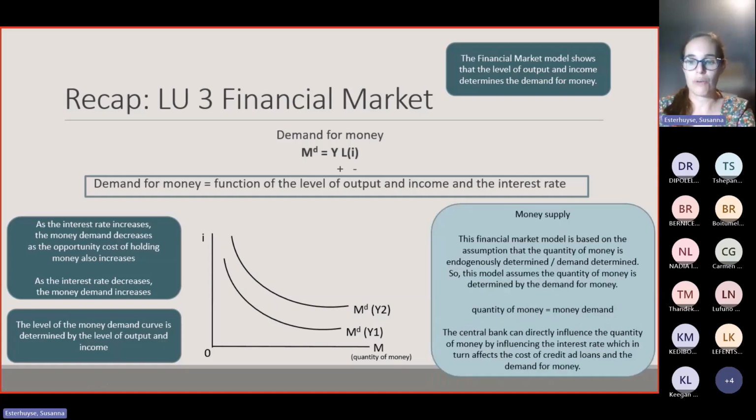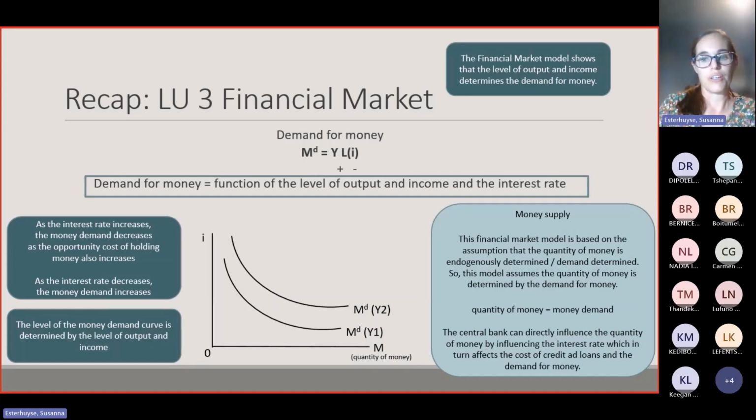So what we said in our model, the assumption we made, is that the quantity of money is endogenously determined, so it's demand determined. So we assume by this model that the quantity of money is equal to the money demand. So the central bank can directly influence the quantity of money by influencing the interest rate, which in turn affects the cost of credit and loans and the demand for money.